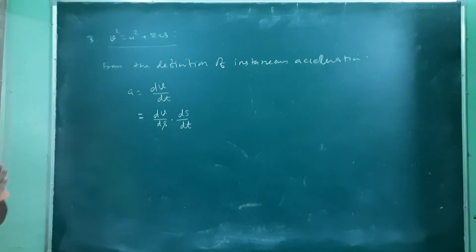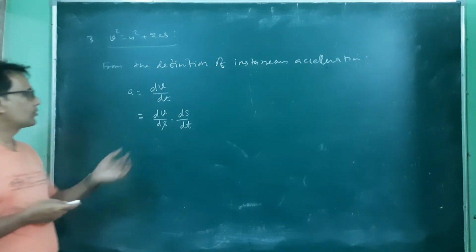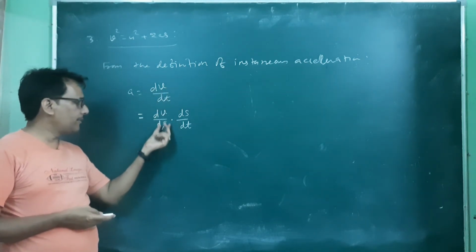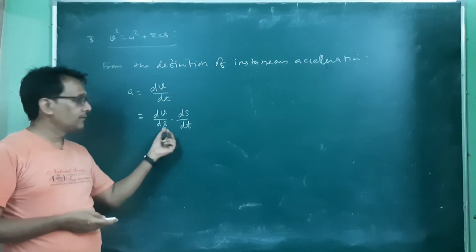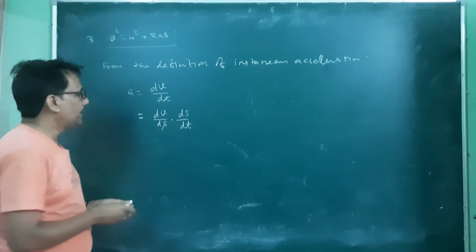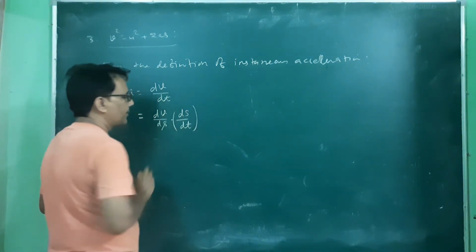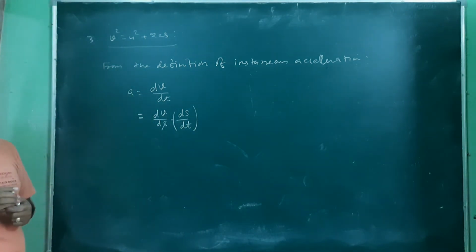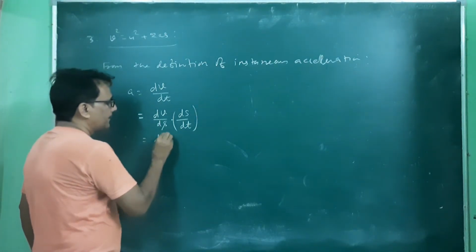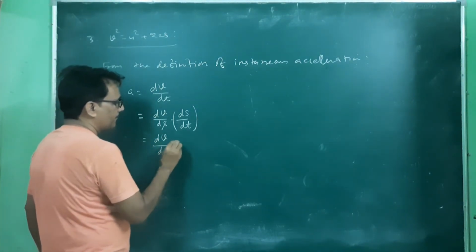Simple manipulation. So this is dv by dt, and I am writing this as dv by ds dot ds by dt. So here this ds by dt, the differentiation of s with respect to time, can be replaced by velocity. So one will have dv by ds multiplied by v.